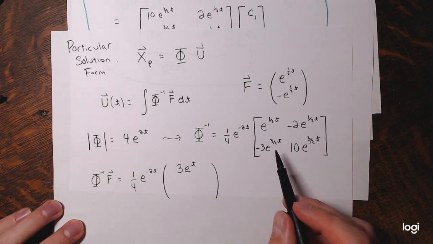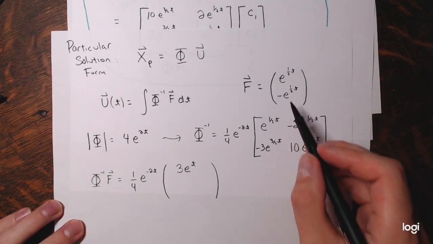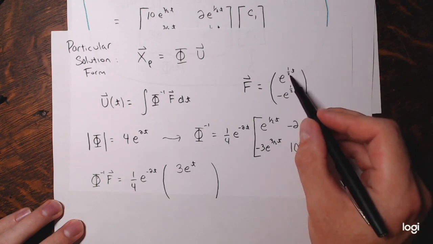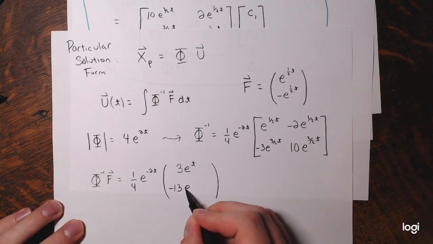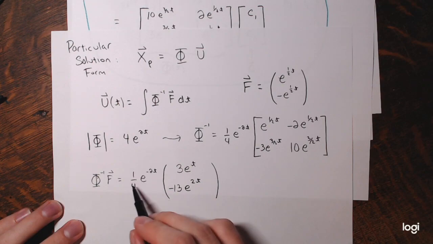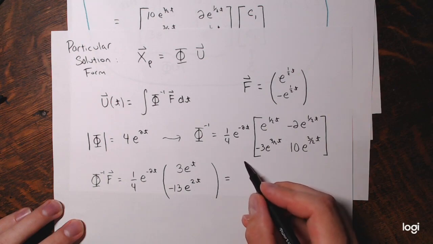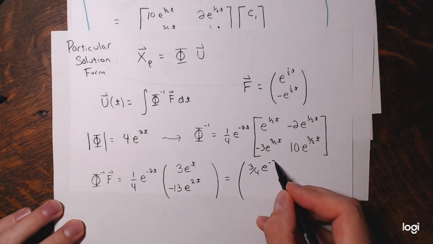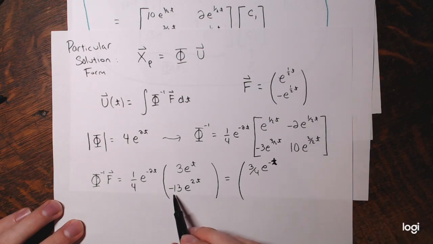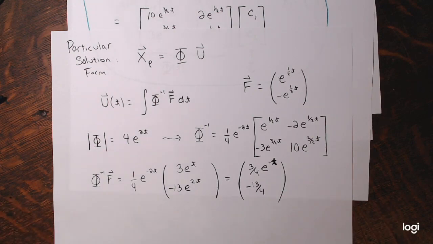And then second row, first column, I do the dot product of the second row with the first column: negative 3 e to the 2t minus 10 e to the 2t, so that'd be negative 13 e to the 2t. And then multiplying by this quarter e to the negative 2t, I get phi inverse times f is 3/4 e to the negative t, and then negative 13/4. There's phi inverse times f.